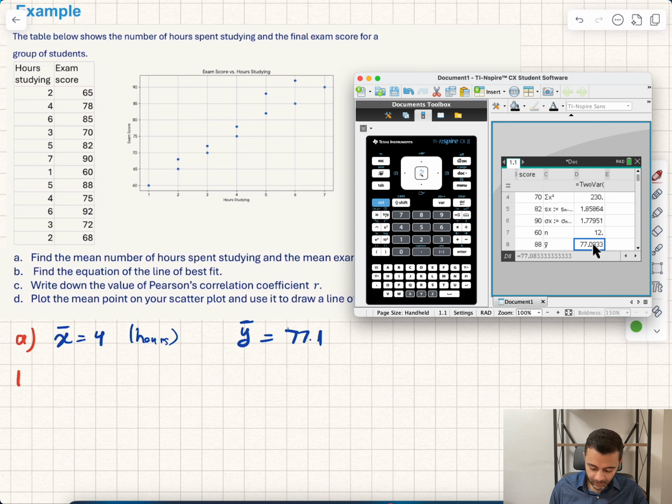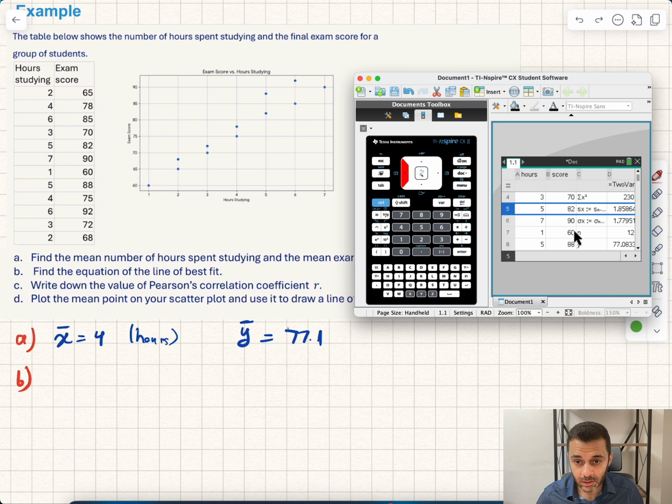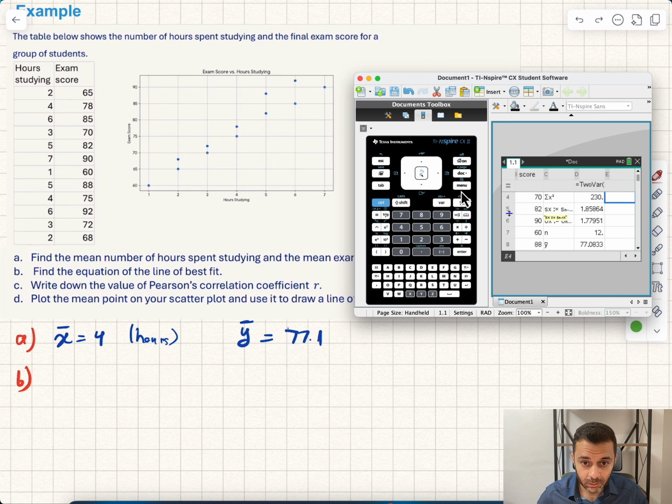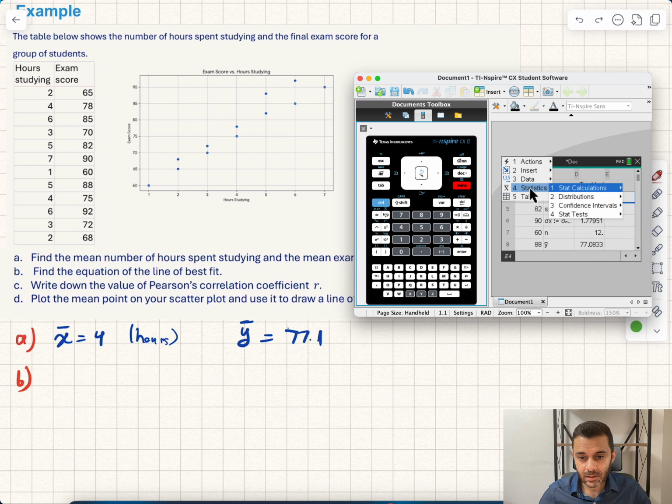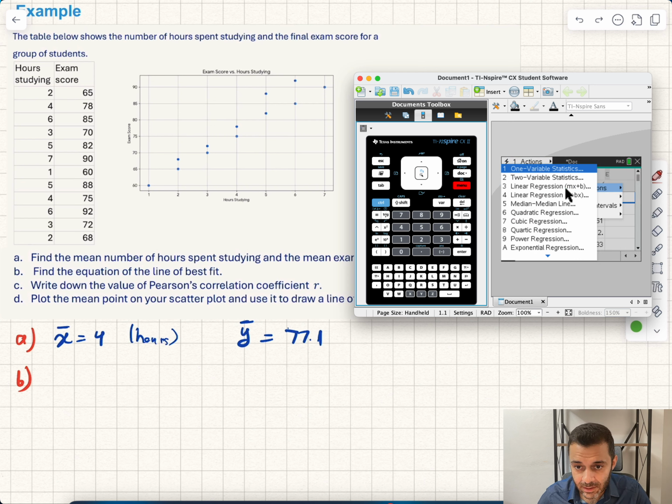For question B, they said find the equation of the line of best fit, or the regression line that fits into these points. So here to do it, we will use the same list we input here, the X and the Y list, the hours and the score. But this time, I would like to store the equation in column A. So we'll do now menu, statistics, then stat calculations.